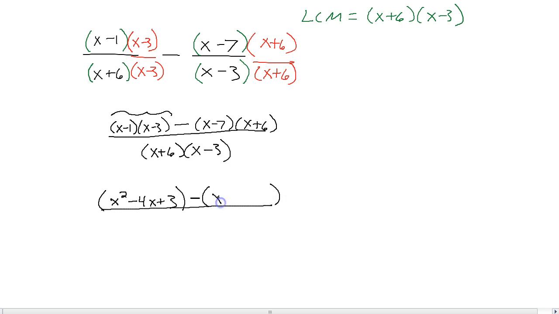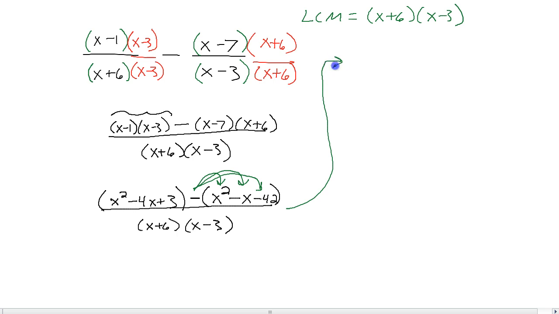When I do FOIL on this, I get x squared minus x minus 42. Now my denominator is the same, x plus 6 times x minus 3. Now what's really important here is that if it's subtraction, you need to make sure that you subtract all the way through here. So let's take this up here and see where we're at.